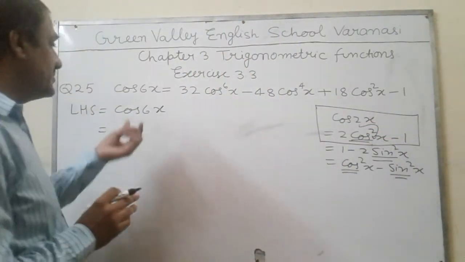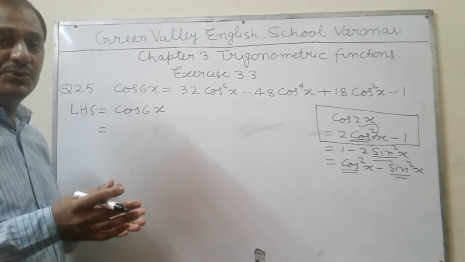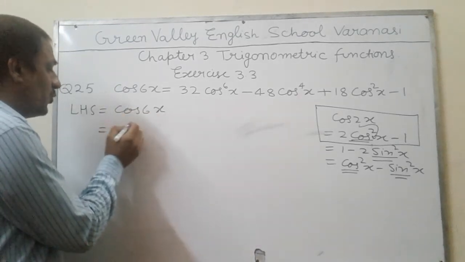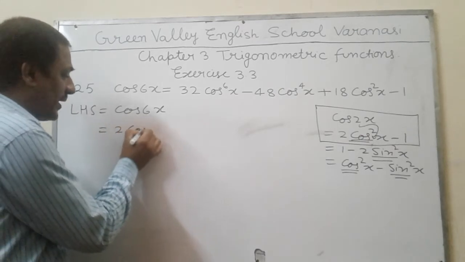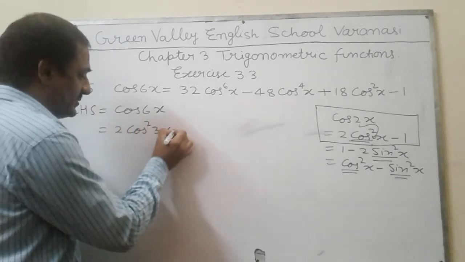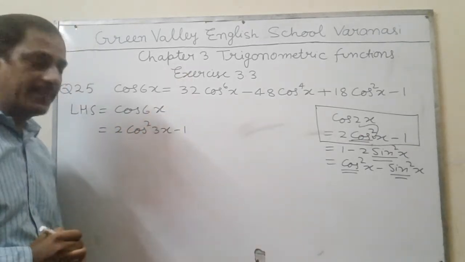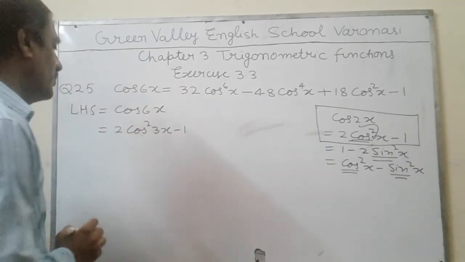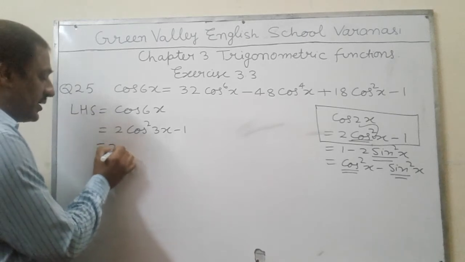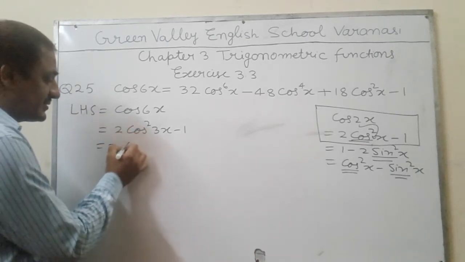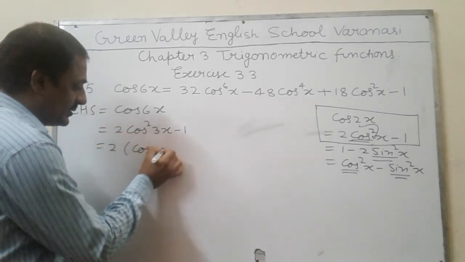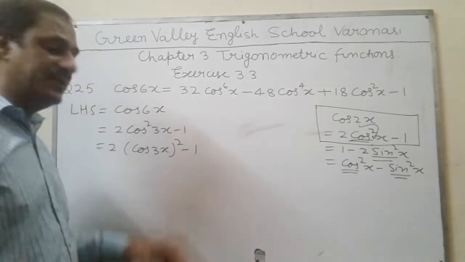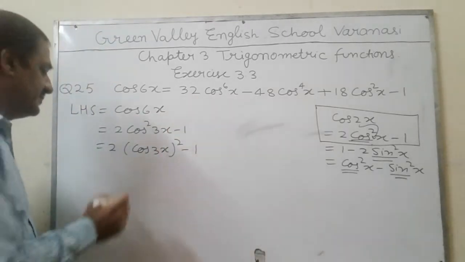In the same way, 6x will reduce to half of 6, so we can write it as 2 cos square 3x minus 1. 6 will reduce to 3. So can we write cos square 3x like this, children? Yes, we can write it.